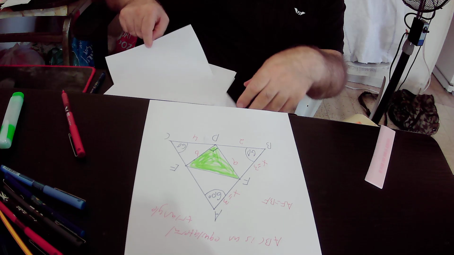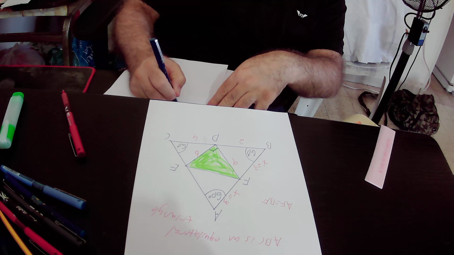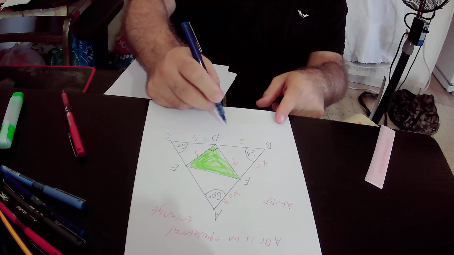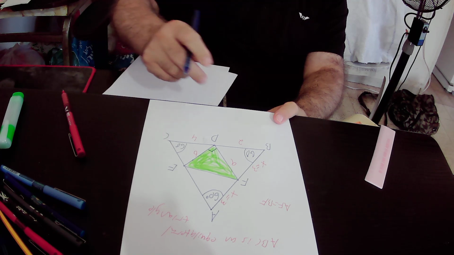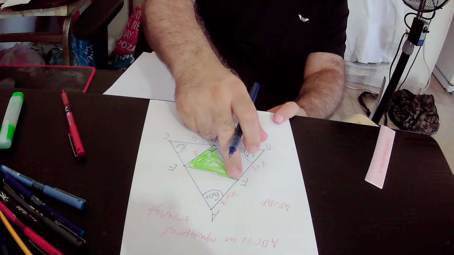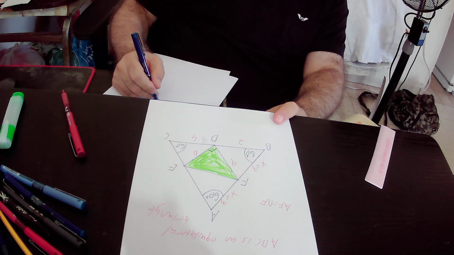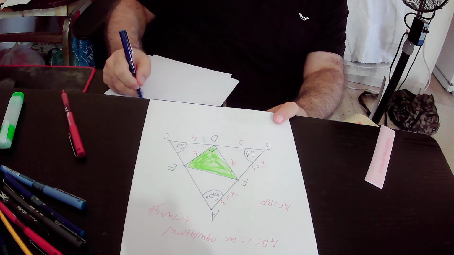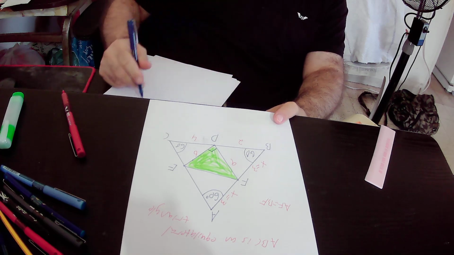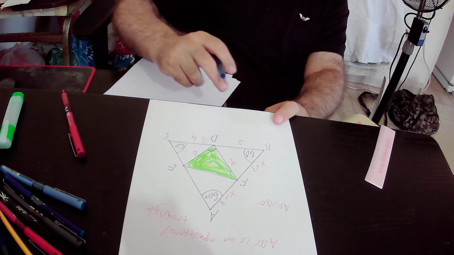Okay? So a squared equals BD squared. BD equals 2, so BD squared is 4, plus BF squared. BF equals 3, so BF squared is 9, minus 2 times BF is 3 and BD is 2 times cosine 60 degrees.